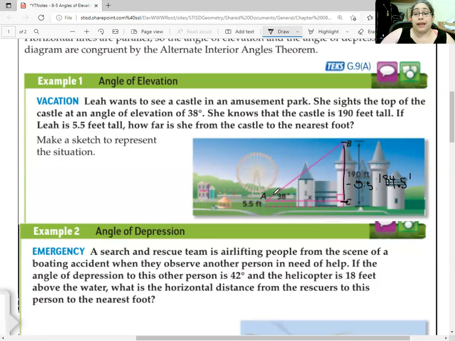We've been told the angle of elevation, that is this angle measurement here, and we are trying to find the length of this part of my triangle, how far away she is from that tallest point of the castle. This is a trigonometry problem. Here's my theta. This is my hypotenuse.